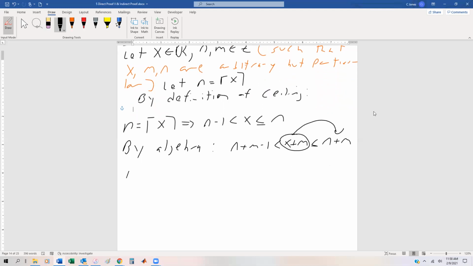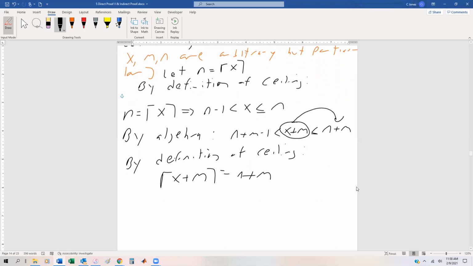So we can say, by definition of ceiling, we can say that the ceiling of x plus m is going to be equal to n plus m.